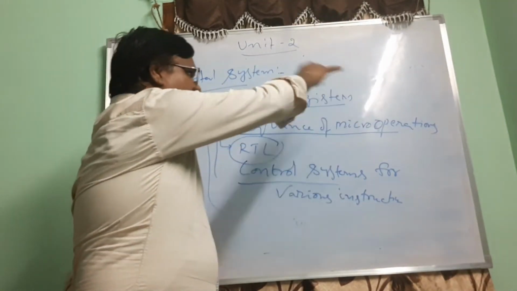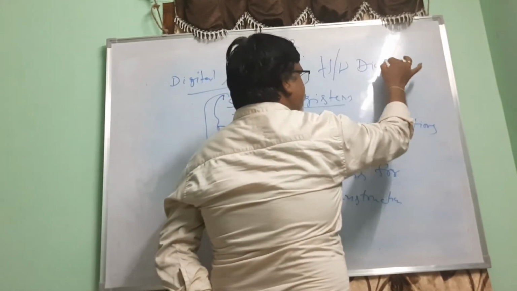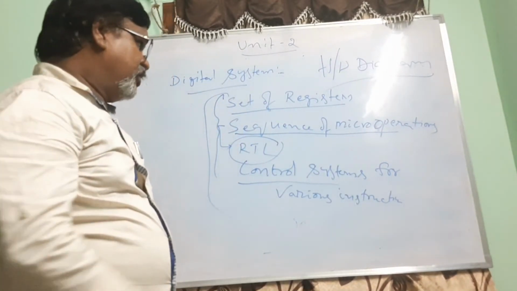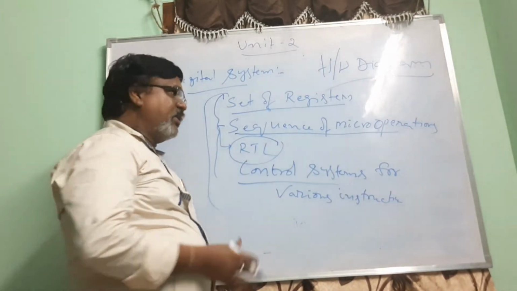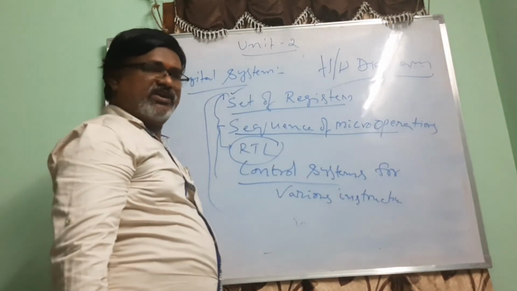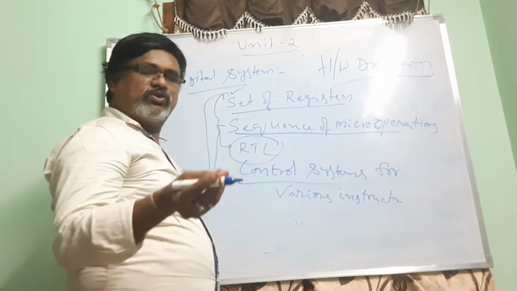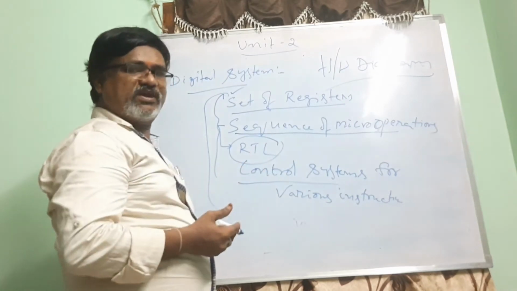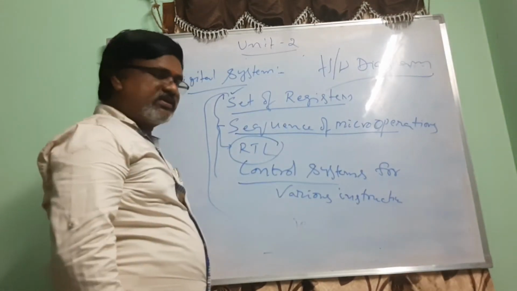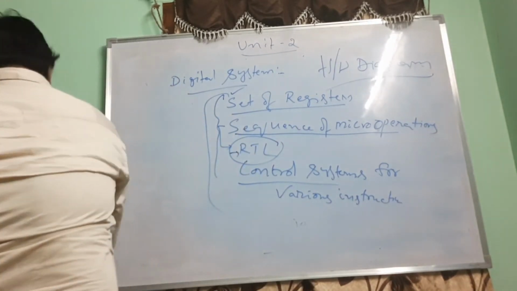Put together, we have to design a hardware diagram for each operation. In our coming sessions we are going to discuss all these things. First, let us discuss what a register is, the notations and letters used for registers, and the length of the register. If possible, we will also discuss register transfer language notation.